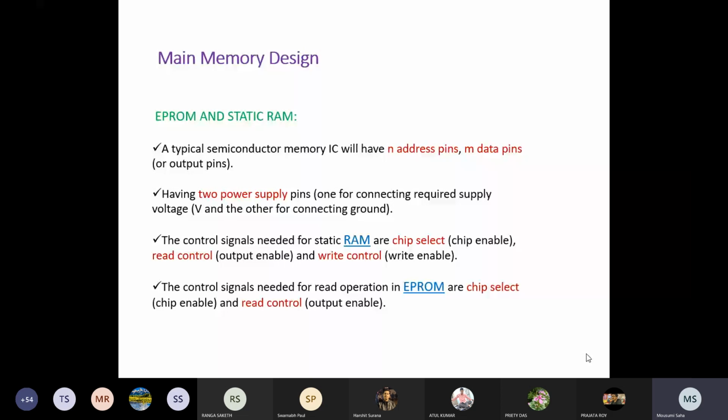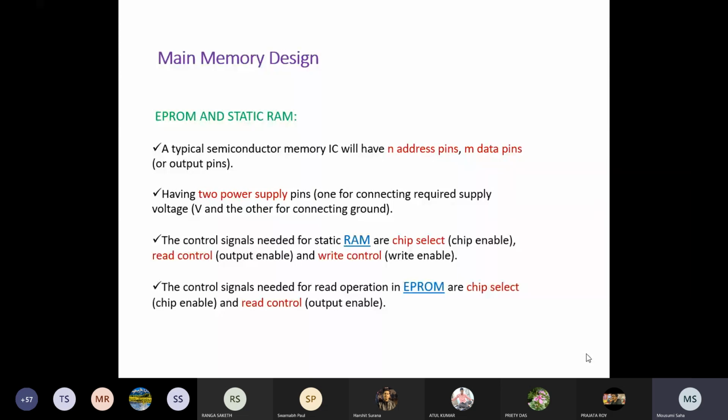Now, if you have the RAM, at that moment, you should consider that both read and write operations you can do. But for the ROM, you can understand from the name that it is a read-only memory. We can read, we cannot write. So for that reason, we don't have any control signal for the writing operation.